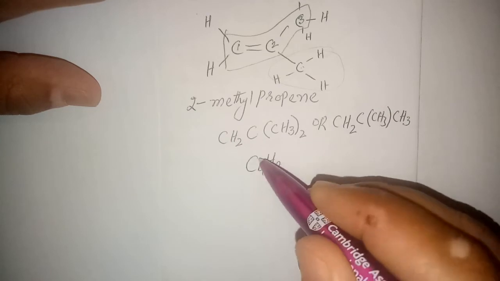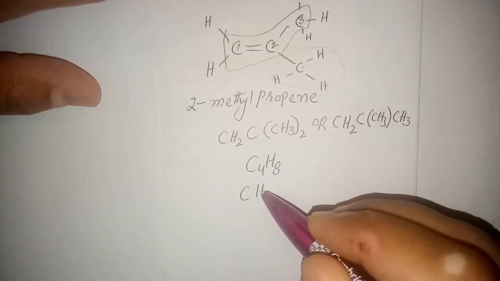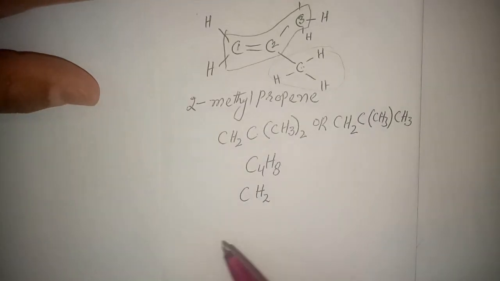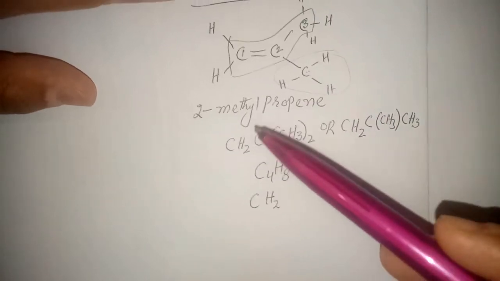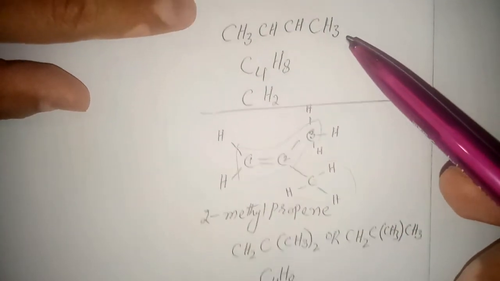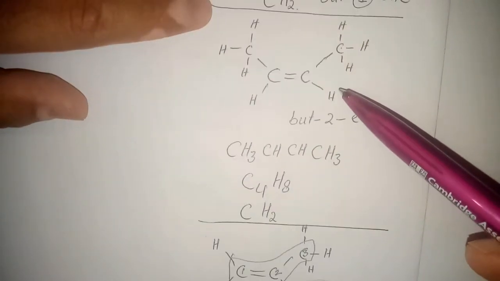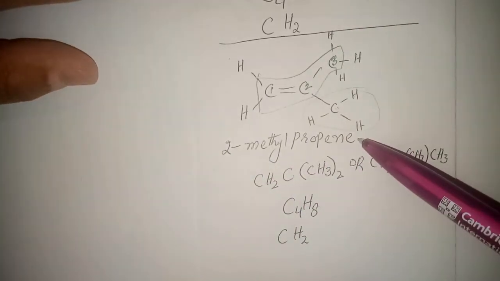So converting it into the empirical formula, we have to write it as CH2. Again, one thing common with the previous 2 molecules, the one was but-1-ene or butene, the other one but-2-ene, and now it is 2-methyl propene.